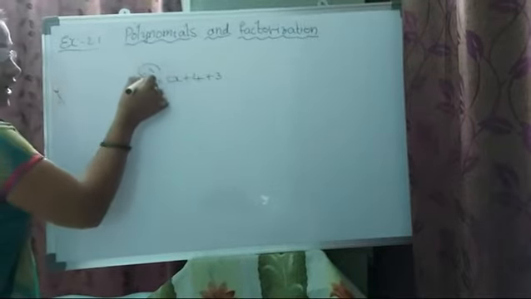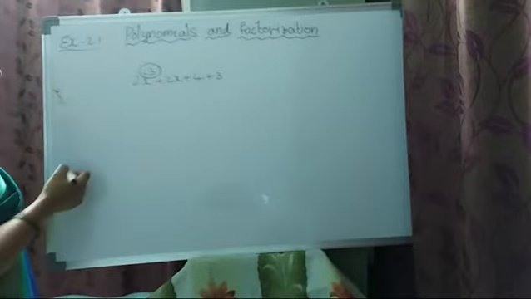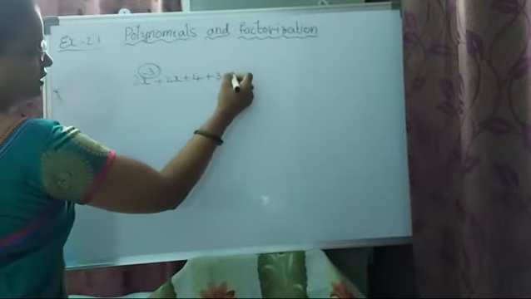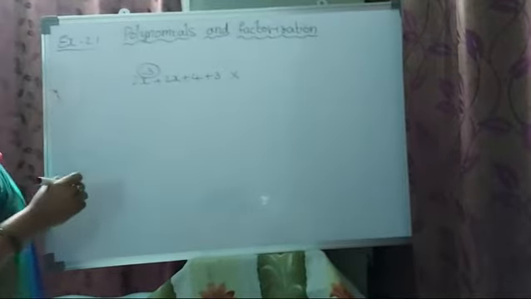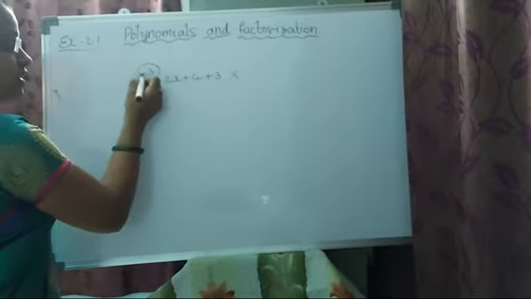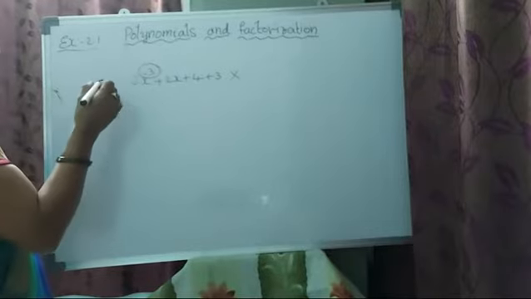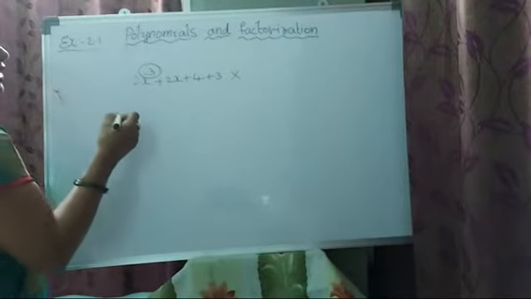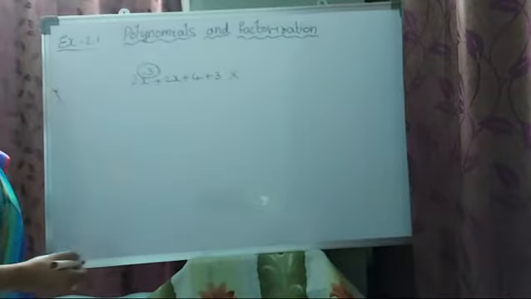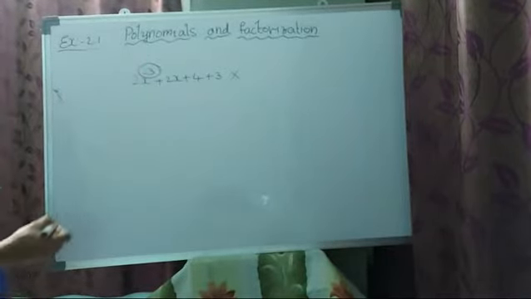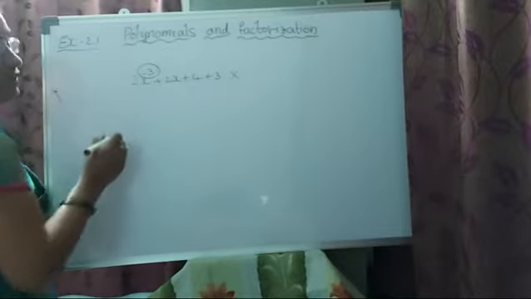If we have a negative integral power, we should not say it is a polynomial. If we have positive, non-negative integral powers, we can say that it is a polynomial.